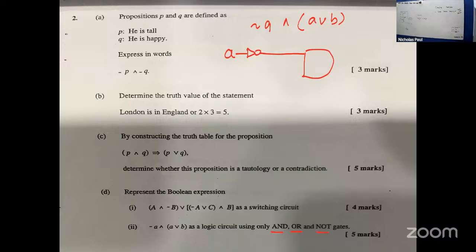That will give us the negation of A. And then we have B, B is connected to an OR gate. Right, that's A or B, going into this gate. So now I have the negation of A and A or B. That's it. That's how we get there. So that's the way you handle questions like this.